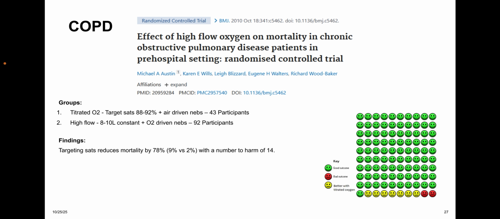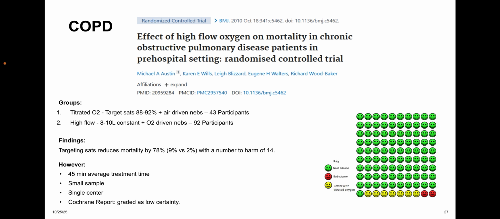The result was we saw a markedly increased mortality in the high-flow oxygen group with a number needed to harm of about 14. So this would mean if you were to go to 100 COPD patients in your career, you treat them all with high-flow oxygen, you would be harming about 1 in 14. The issue with this study, however, was that the average treatment time for these patients was about 45 minutes.